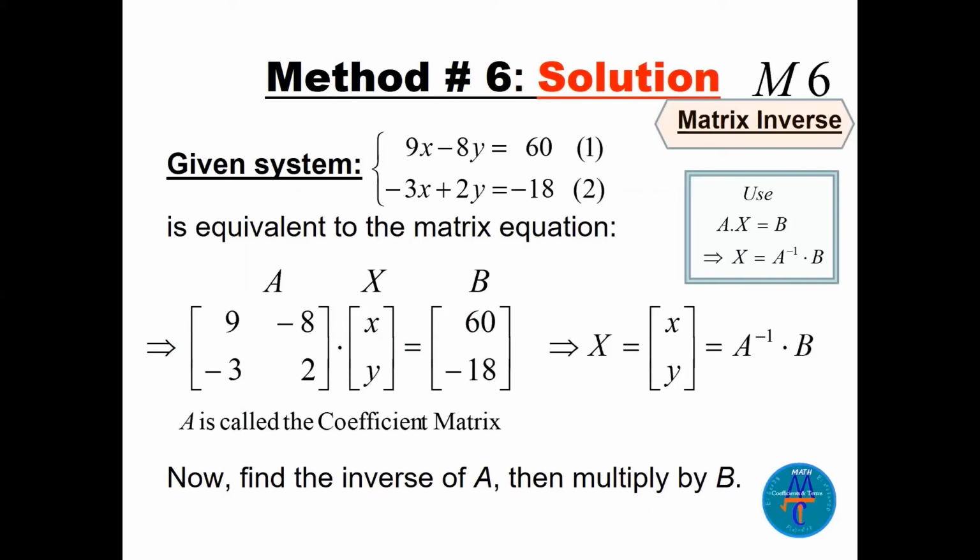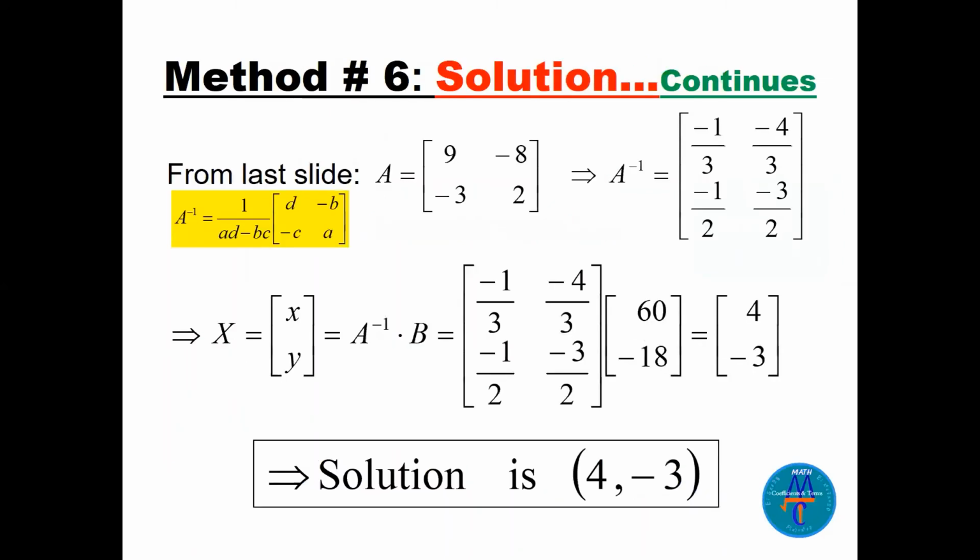So I need the A inverse now. I said here, find the inverse of A, then multiply by B, as I showed you in the previous slide. So the whole idea now: take A, find the inverse on the next slide, and multiply by B to get the solution of the linear system.